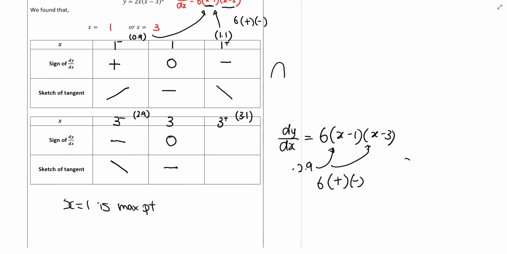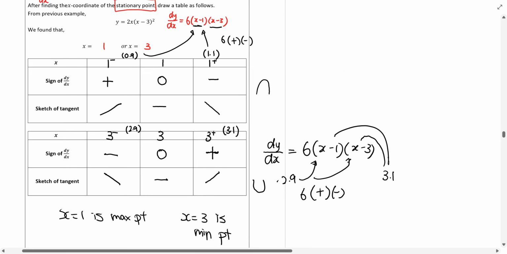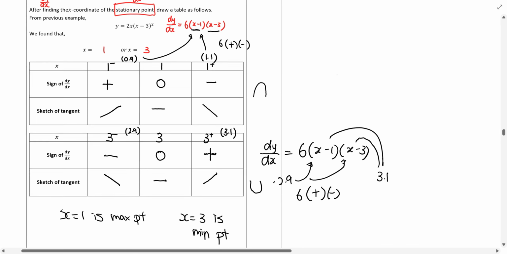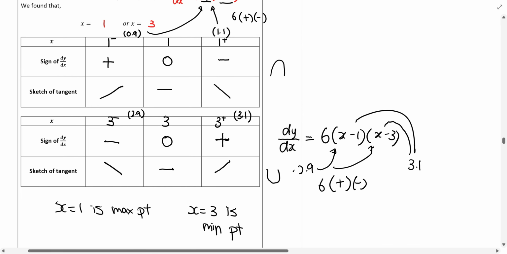When I substitute 3.1 into my dy/dx, this is a positive value and this is also a positive value, so the result is positive, and my tangent is going upwards. Now this resembles a U shape, so I know that x equals 3 is a minimum point. And that is how you use the first derivative test to find out whether the stationary point is a maximum or minimum.